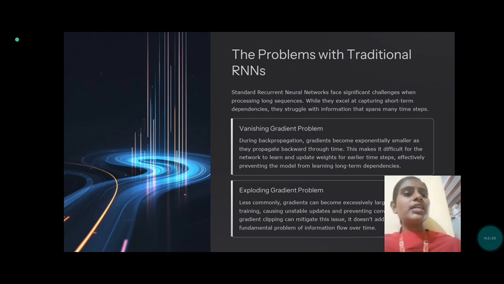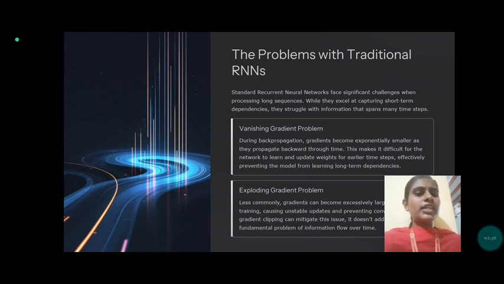The vanishing gradient problem means that during backpropagation, the gradient becomes exponentially smaller as it propagates backward through time. This makes it difficult for the network to update weights for earlier time steps, effectively preventing the model from learning long-term dependencies. And the second one, the exploding gradient problem.